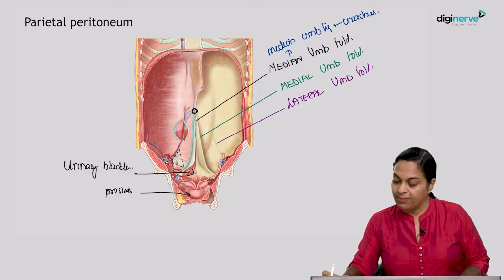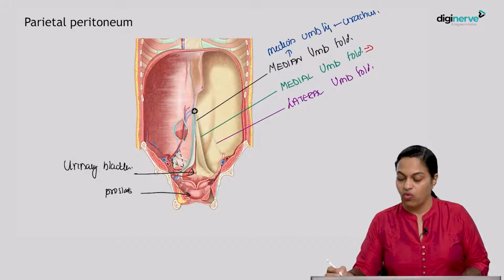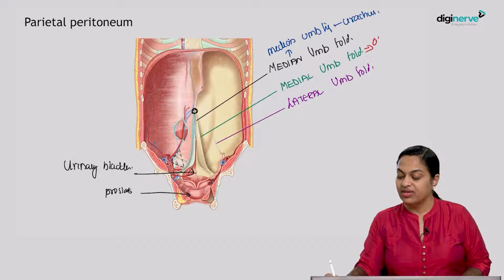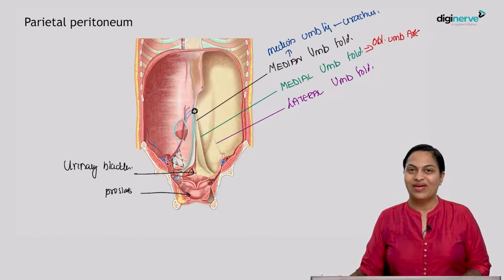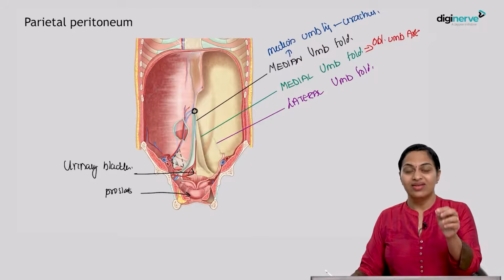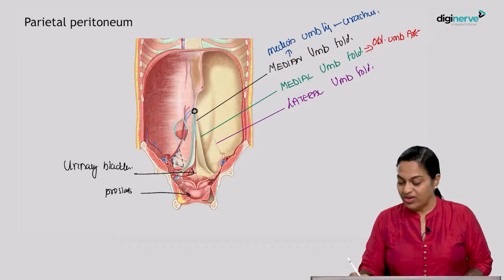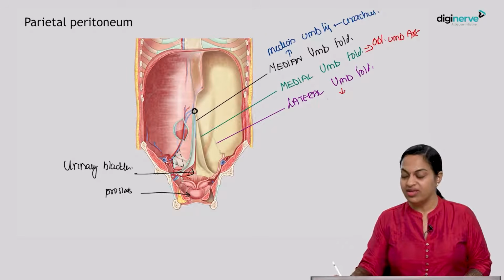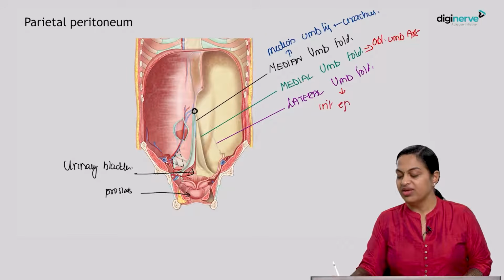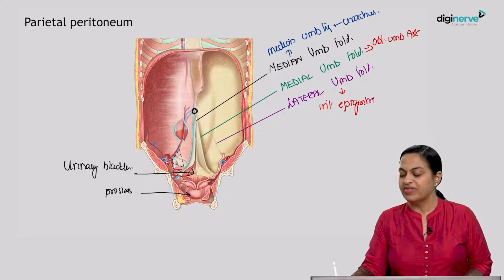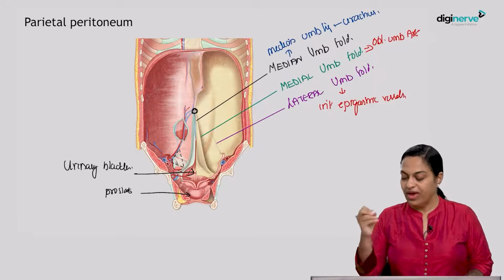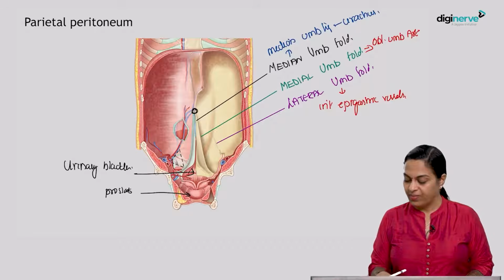Okay, and the medial umbilical fold, what lies underneath it is the obliterated umbilical artery. The lateral umbilical fold, you can see a vessel lying underneath it. It's nothing but the inferior epigastric vessels. Okay, so this is important.